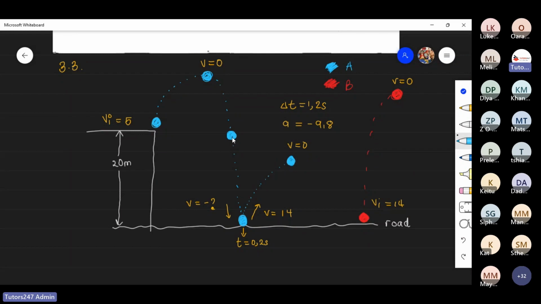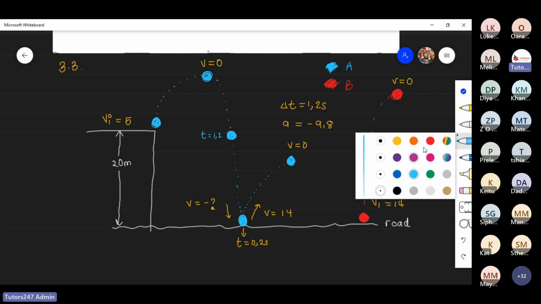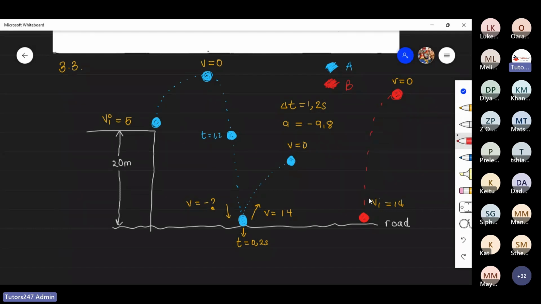Let's state that our ball A was at this point at 1.2 seconds, so t is 1.2 seconds. And let's state that ball B, because it's now traveling upwards, was here at 1.2 seconds. This is just for you to gain an understanding. It doesn't mean that the balls were actually at those positions. We have no idea where they were. So we need to find the distance between these two points.